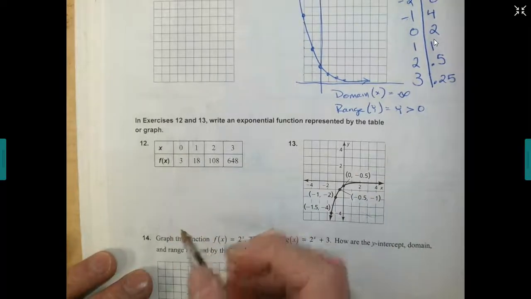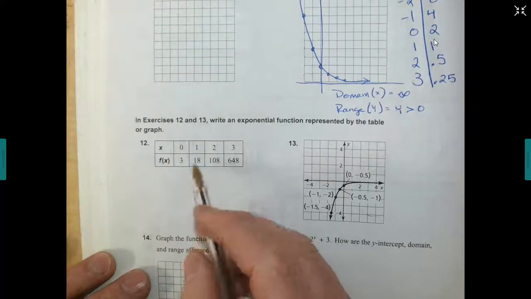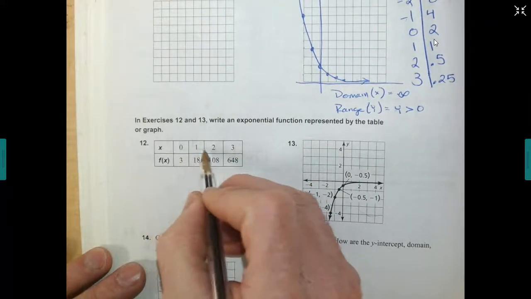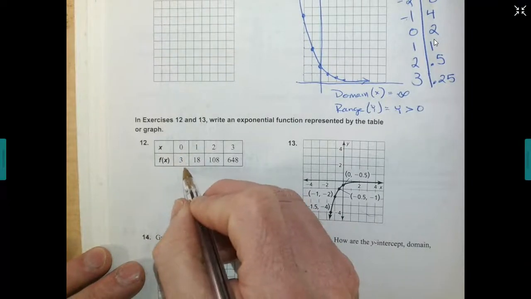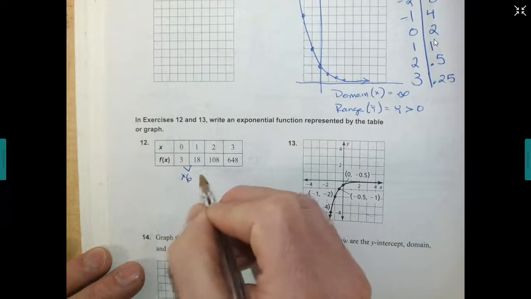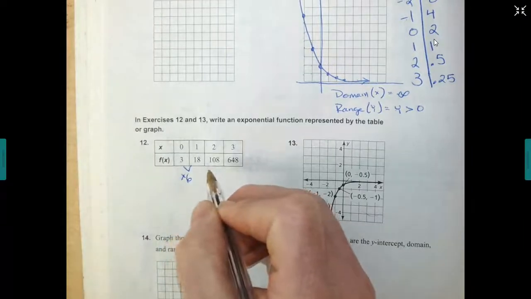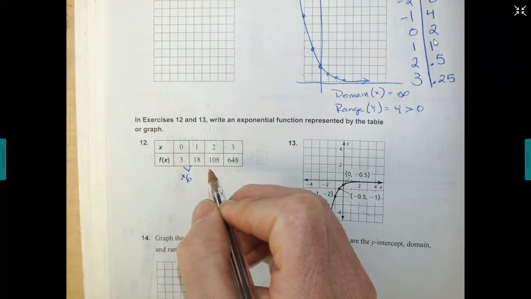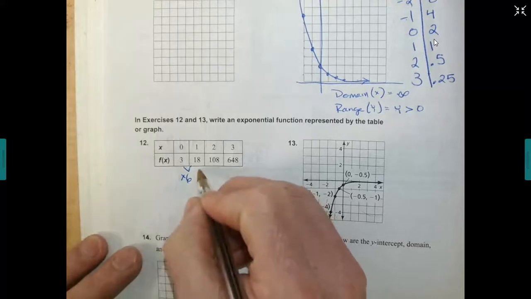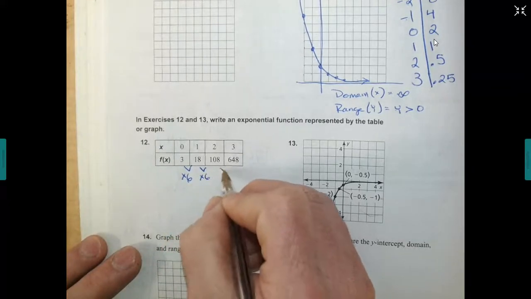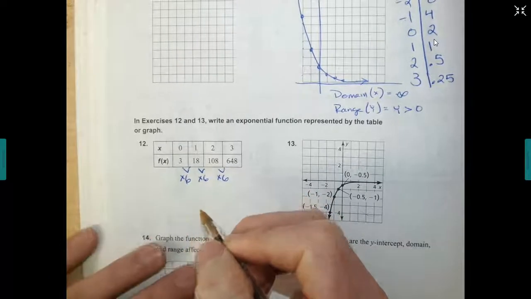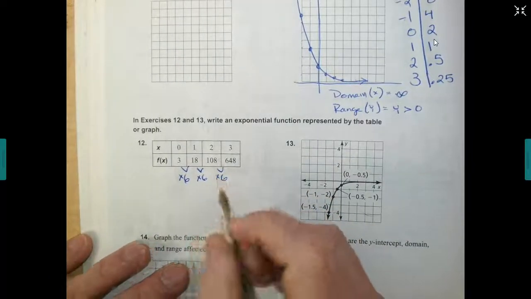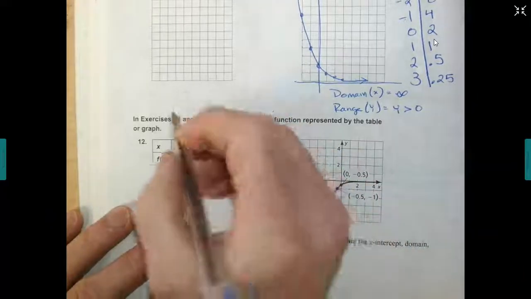So, what's our change value here? We got 1, 1, 1. So that's good. What's our change value here? 3 to 18, that's times 6. 18 times 6 is 108. So that's times 6, and that's times 6.